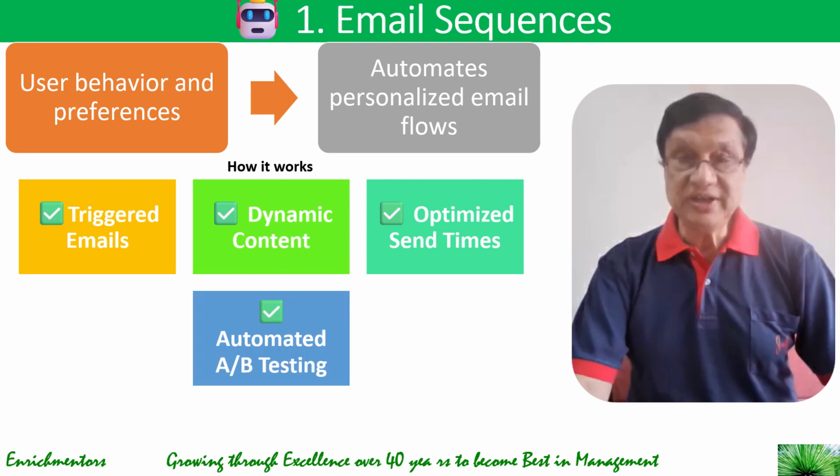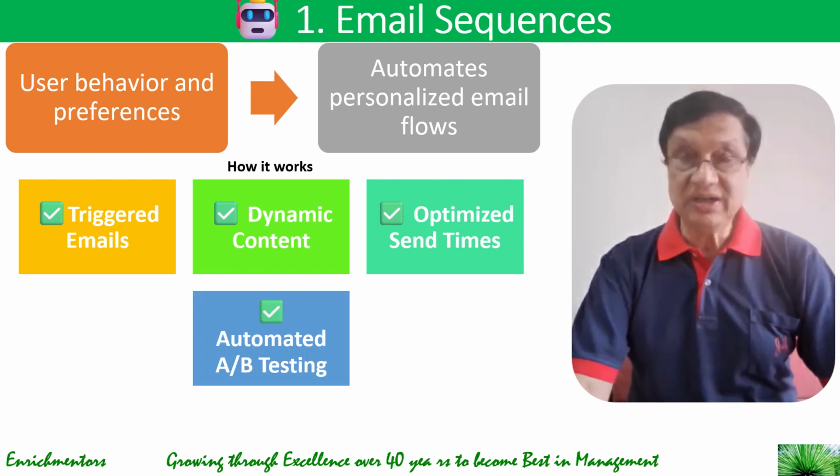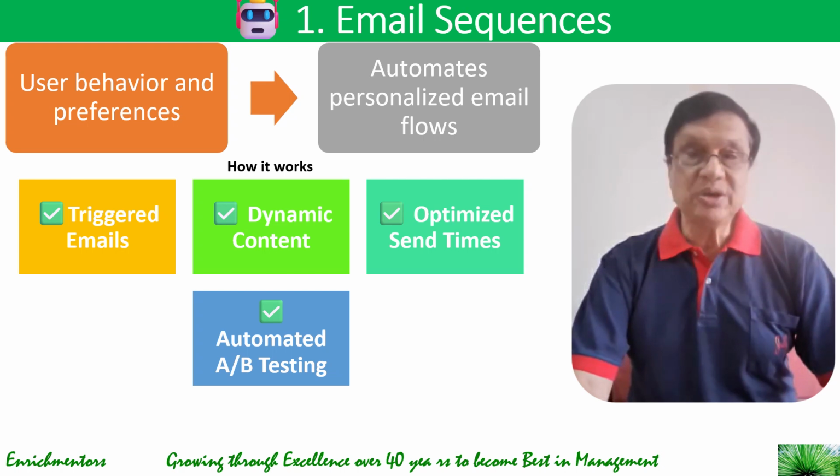The fourth thing it can do is automate A/B testing. AI can run continuous tests on subject lines, content, and call to actions to identify top performers and automatically deploy the best variants. So that's how AI can help in email sequencing. What are the tools that you can use?